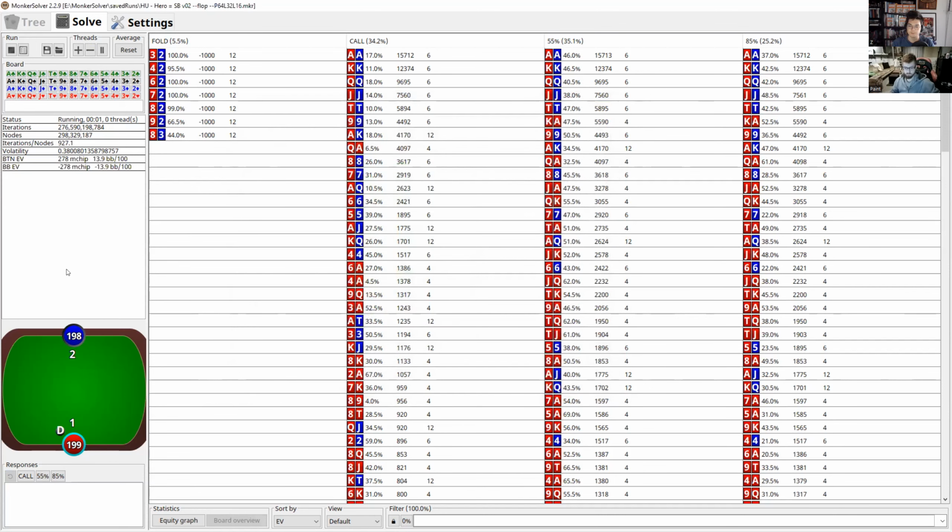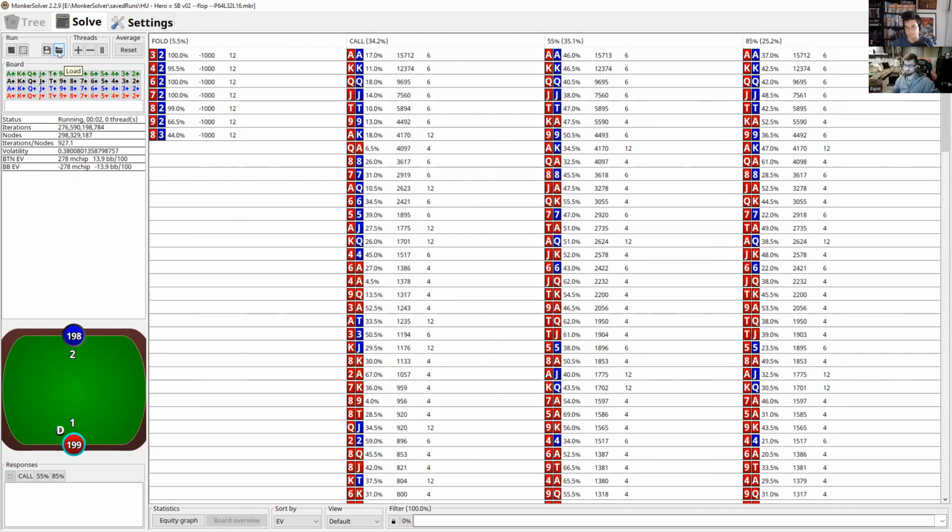So yeah, you can give that a try, and that'll help you have a deeper understanding of what mistakes you're making, and hopefully you can shore up some of the pre-flop and flop mistakes, especially EV mistakes.